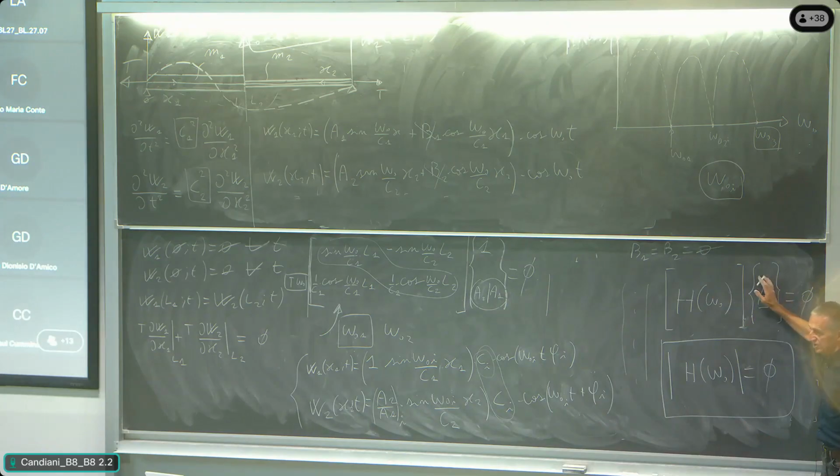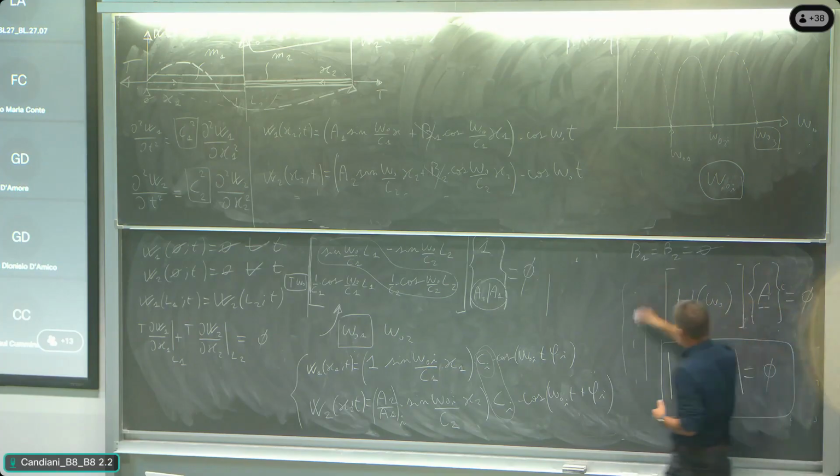If this vector is multiplied by 100,000, it is still the solution, because if this quantity is making 0, if you multiply by 100,000, it makes 0 again, right?